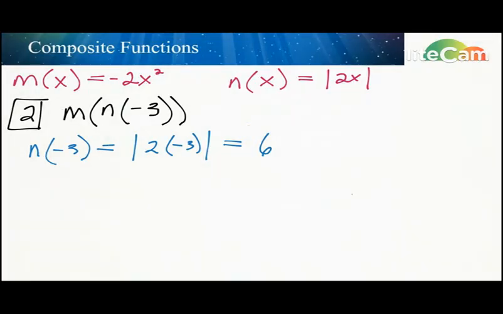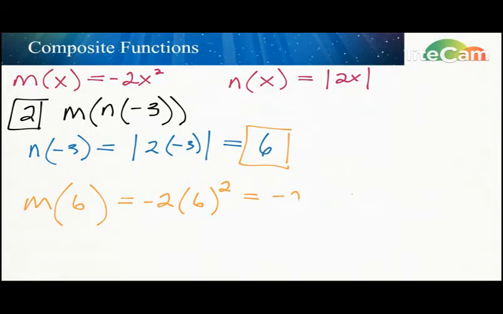Now that's the y value of the first function. That y value now becomes the x value of the outside function. Remember, we do the inside first and then the outside. So m of 6. So -2, 6 squared.